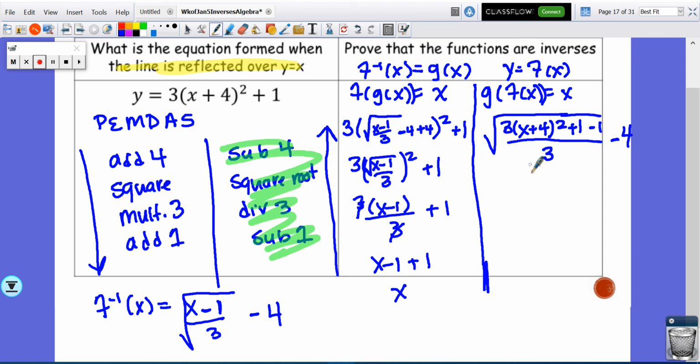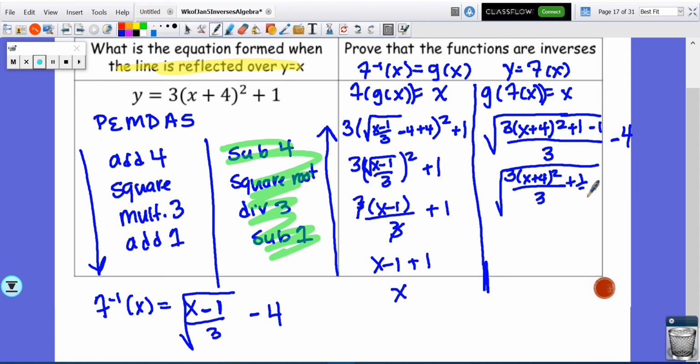So I'm going to go through here and do the math. So I'm going to give the 3 to each part of the equation. So I'm going to say 3 over x plus 4 squared over 3. Oh, you know what? I could simplify this. You could do it either way. I'll keep it consistent.